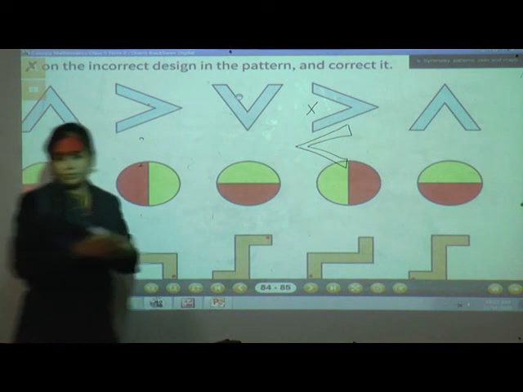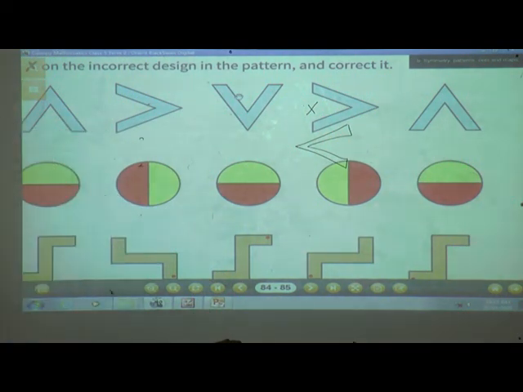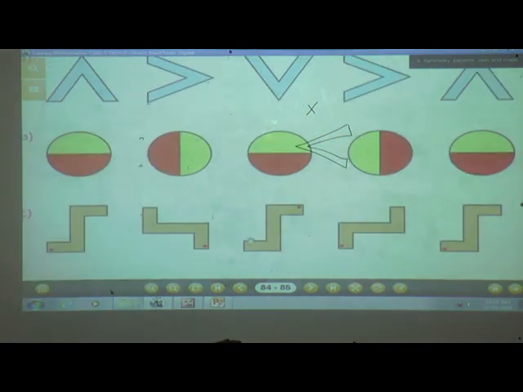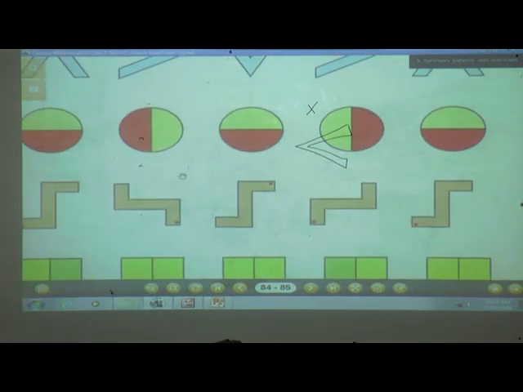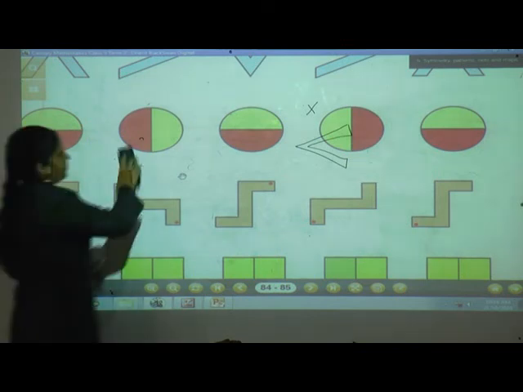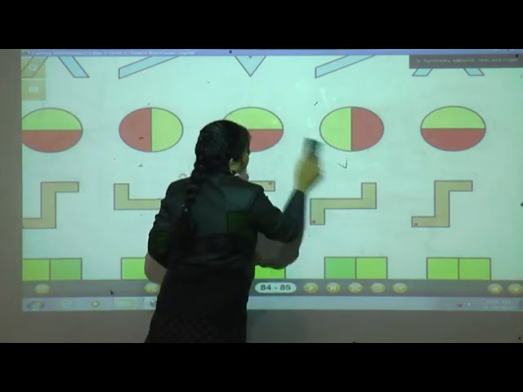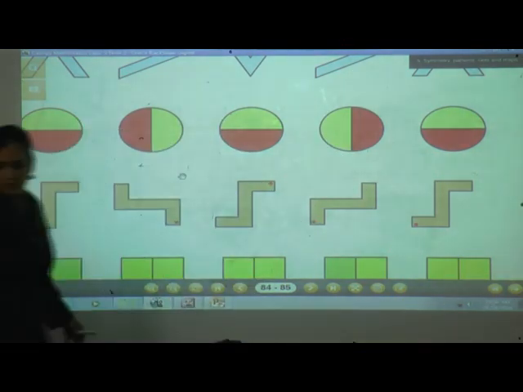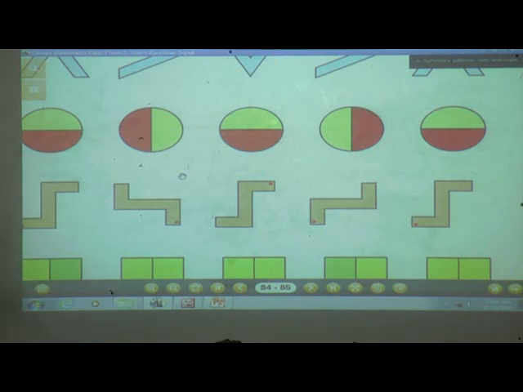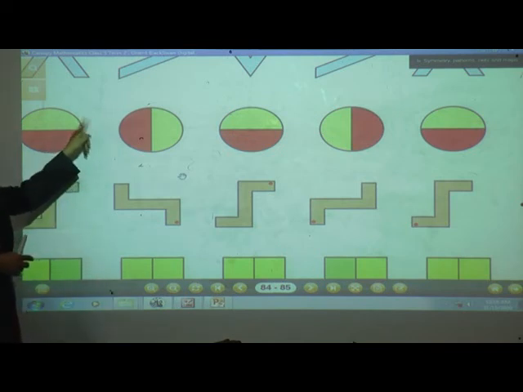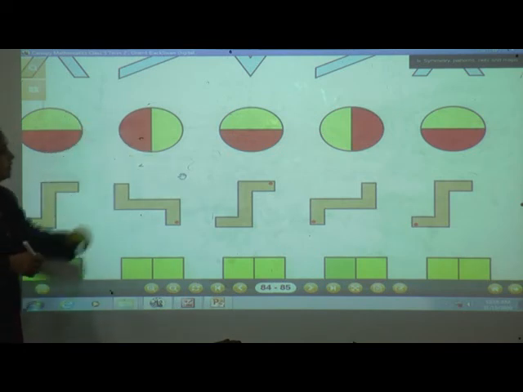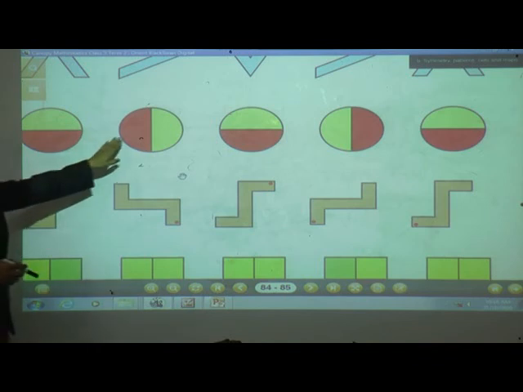Okay. Now B1. See students, red color, yellow color and red color. Now students, tell me, the yellow color will come here and the red color will come here.